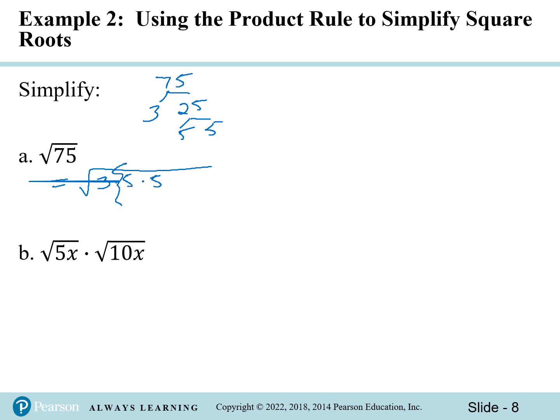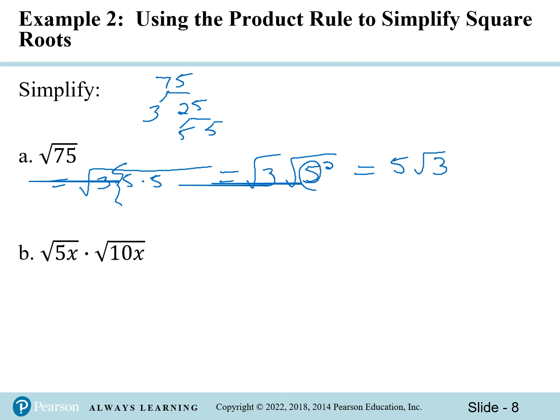Separate the 5's under their own square root. So you have the square root of 3, square root of 5 times 5, which is 5 squared. We already talked about how the square and the square root cancel each other out. So we would end up with 5 times the square root of 3.